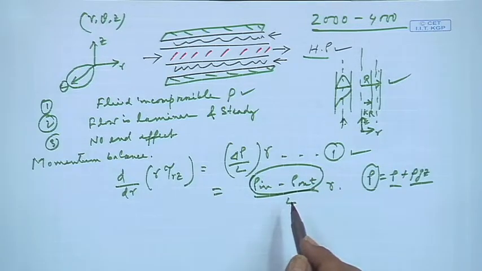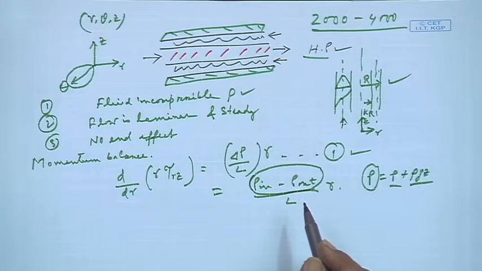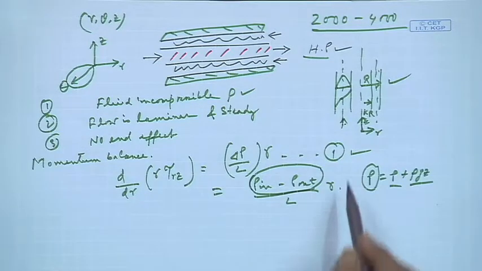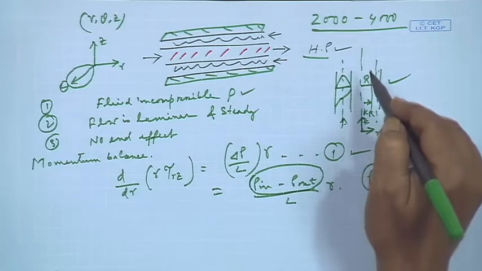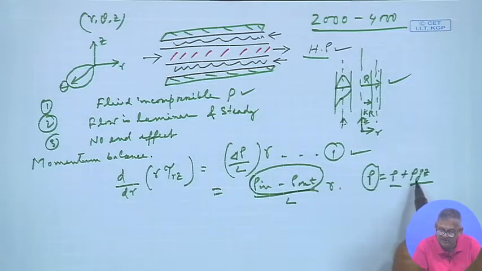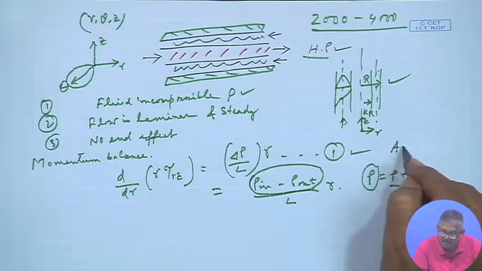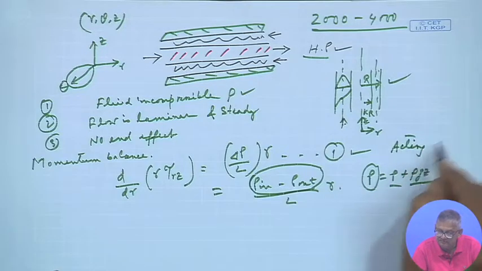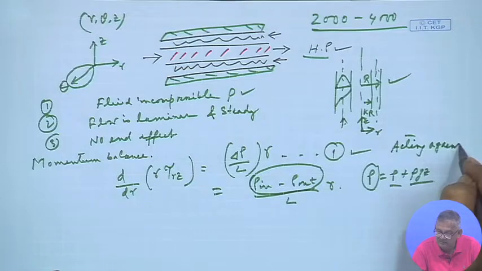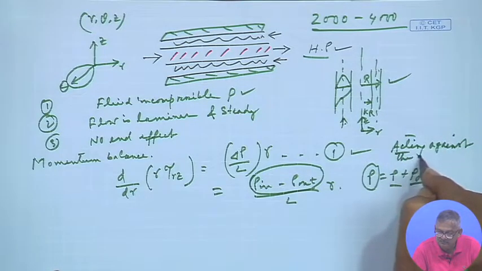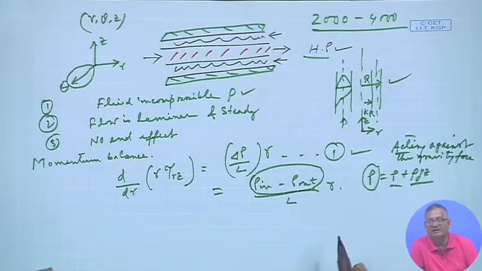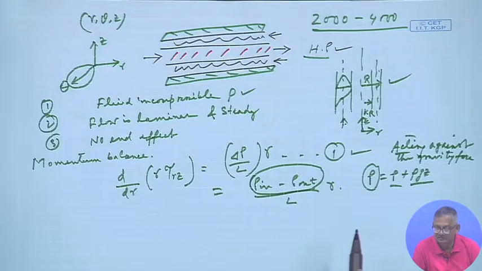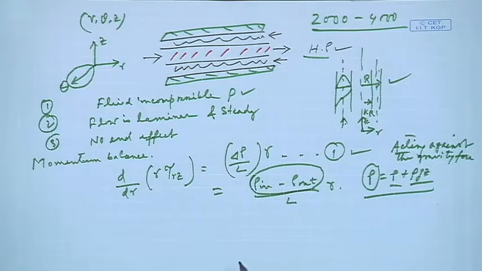The gravity forces act in the opposite direction. If the flow is going like this, gravity is acting like that, so the total pressure required is P plus rho g z, so it is acting against the gravity force. So, that means this P is equal to P plus rho g z.